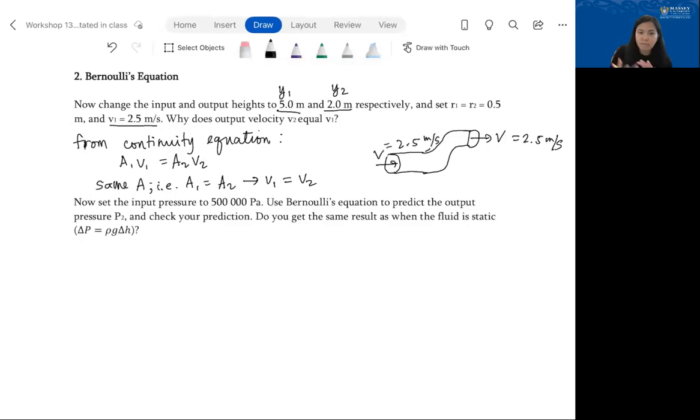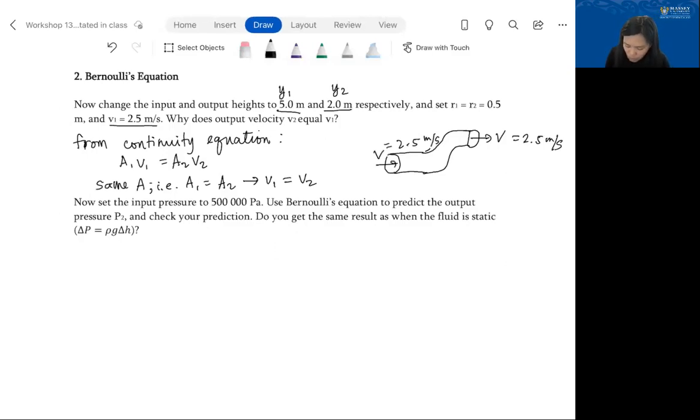If it's just the speed that's being asked, and you need to relate that to the area or the radius of the pipe, then that's the continuity equation. The time you use Bernoulli's equation is when you're dealing with pressure, because Bernoulli's equation tells you how the pressure will change with speed and height.